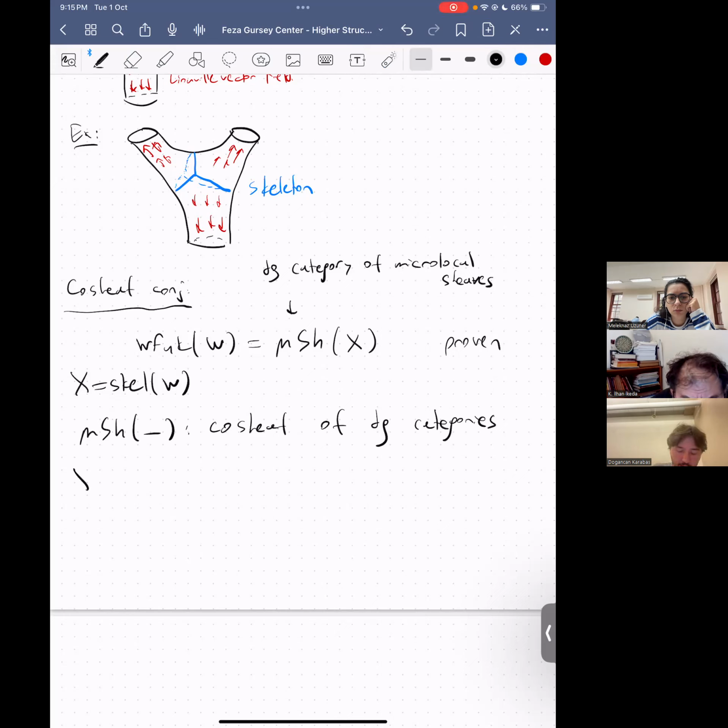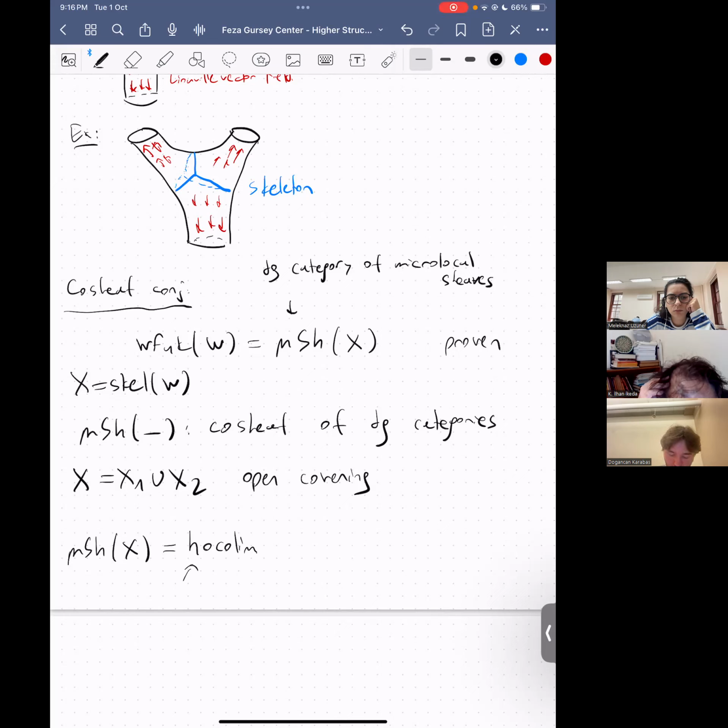Let's say your skeleton X has two pieces, X1 and X2, an open covering of your skeleton. Then the DG category of microlocal sheaves on X is given by a homotopy colimit.